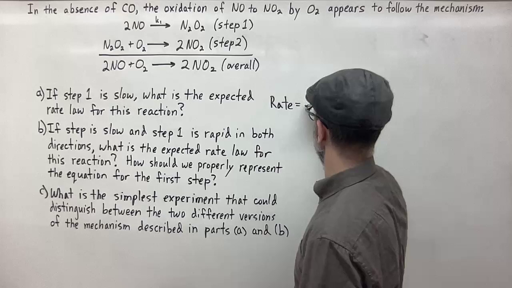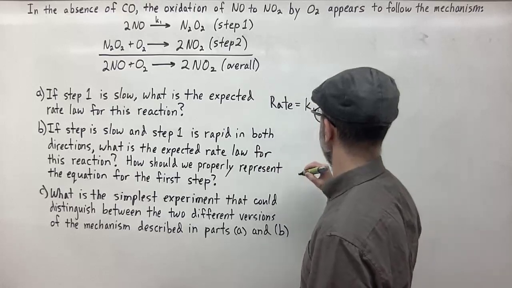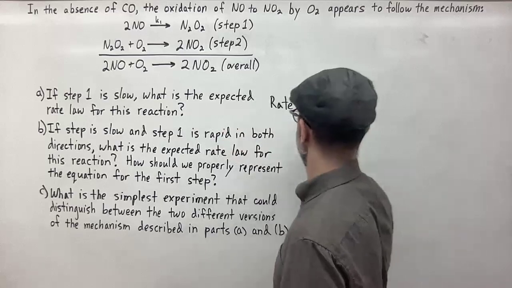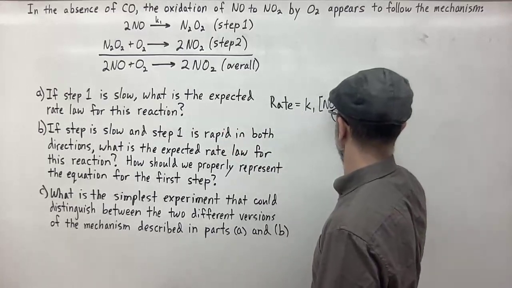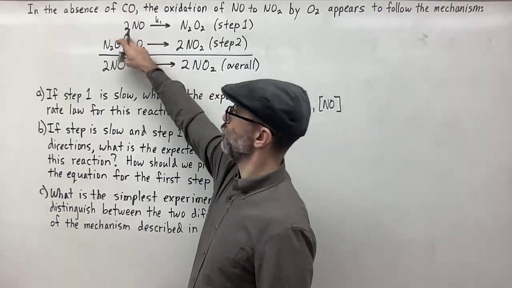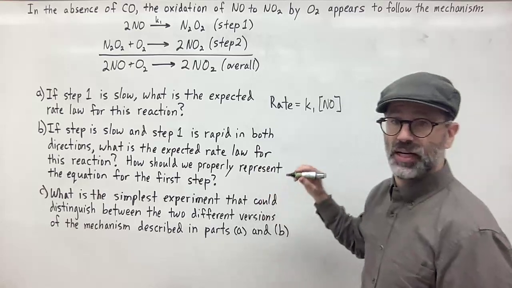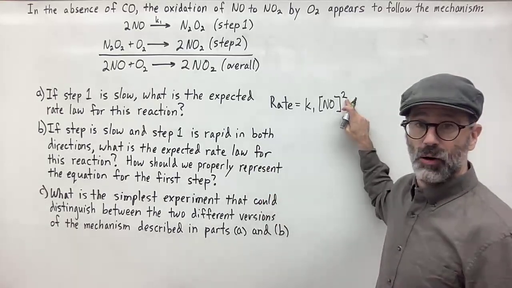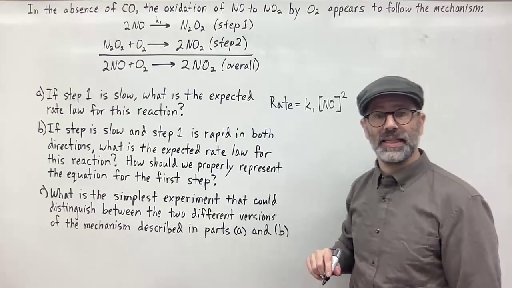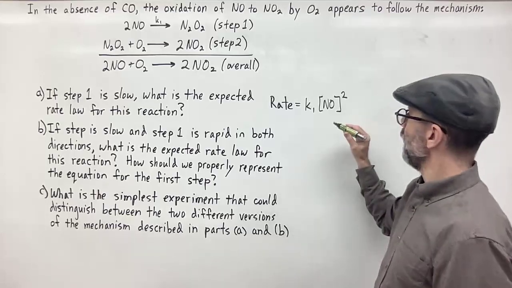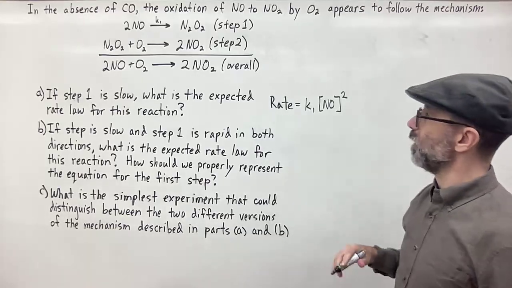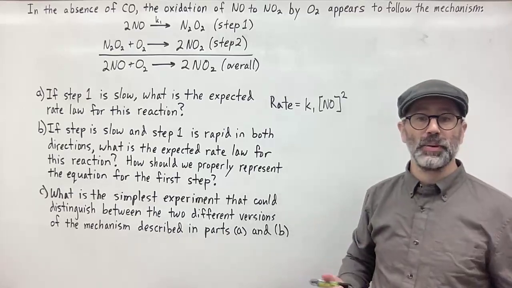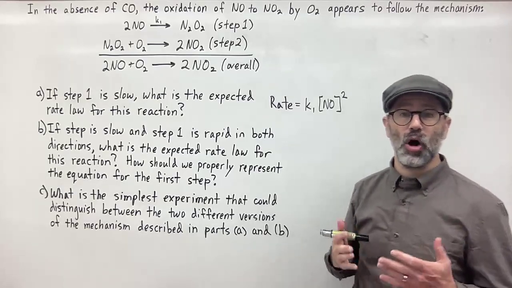So that's going to be equal to K1 multiplied by the concentration of NO. And since this is a 2 coefficient, then this is going to be raised to the second power, because the power is equal to the coefficient in the balanced equation. And so this is the rate law for step one. And since step one is the rate determining step, it's going to be the rate law for the overall reaction.